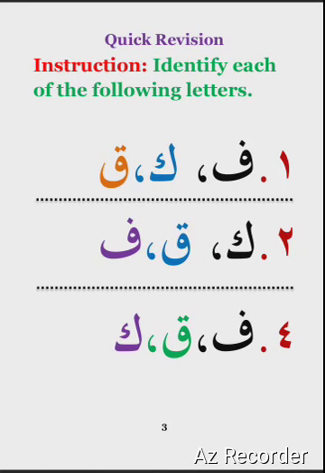So once again, the first letter from the first line is Fa'un. The second letter from the first line is Kafun. The third letter from the first line is Qafun. Ithnan, number 2. Now the first letter from the second line is Kafun.